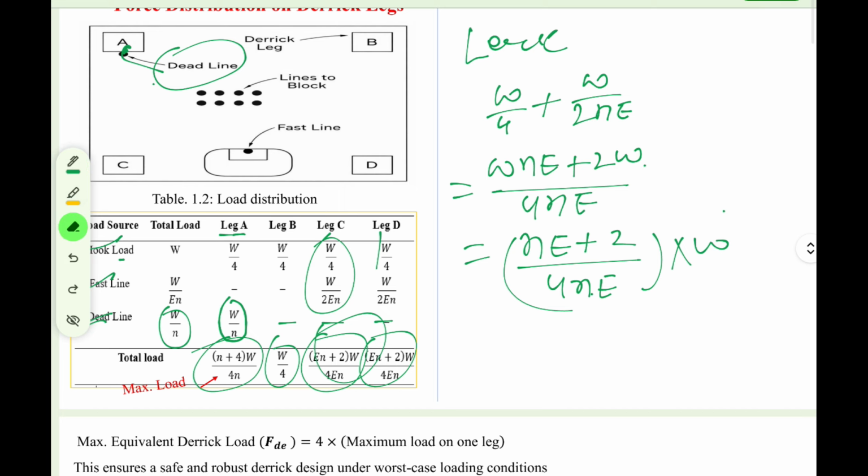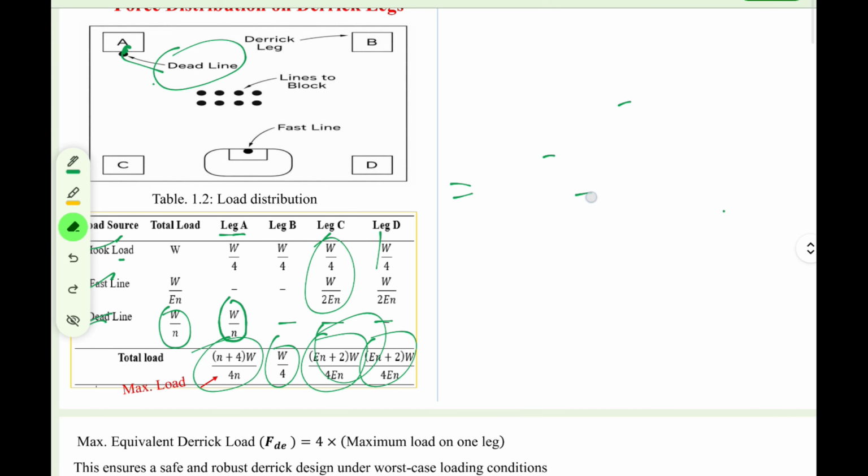Now the very important thing I am talking about, you need to understand that. Imagine we want to identify which leg is experiencing more load.